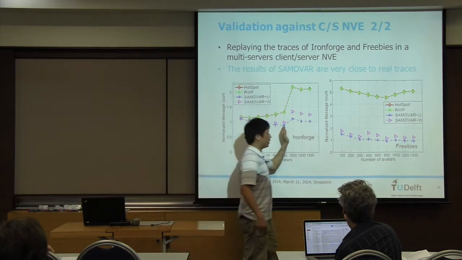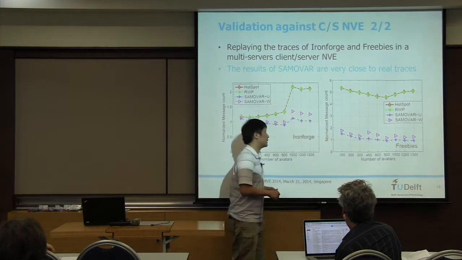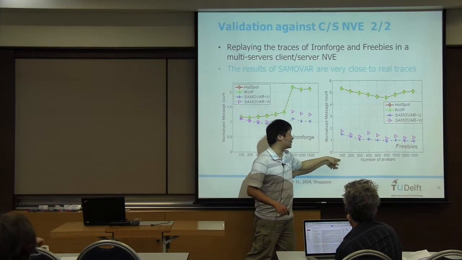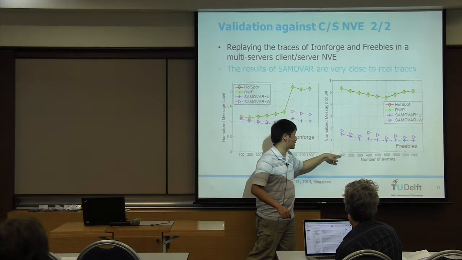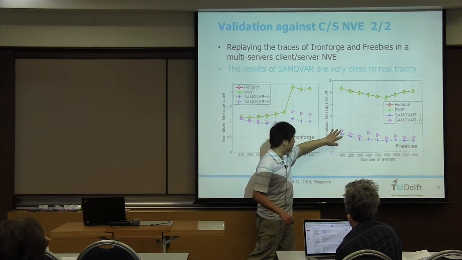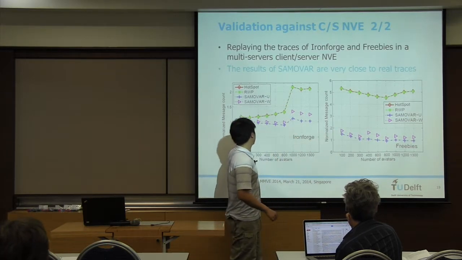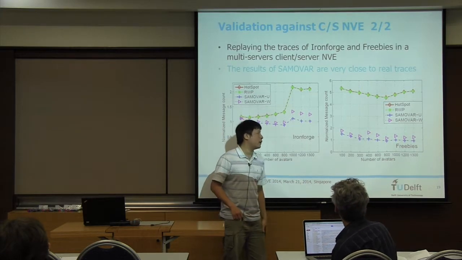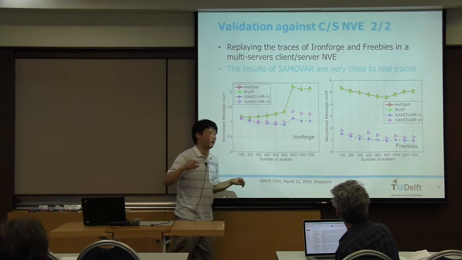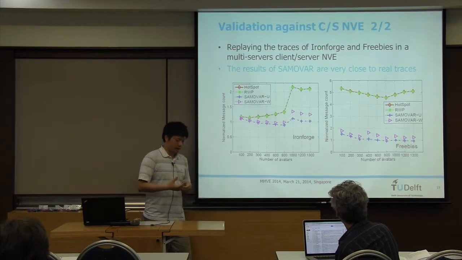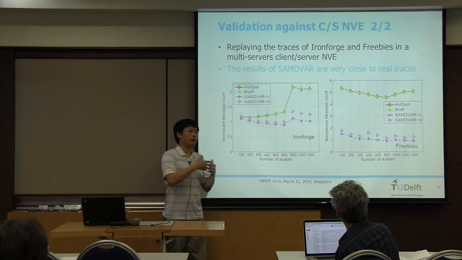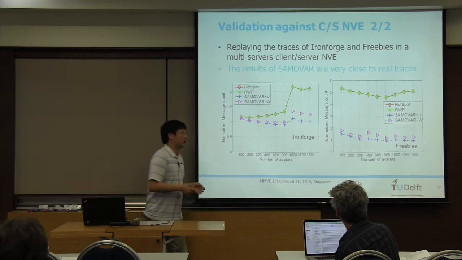The result also applies to the second traces. But for the second game, if the number alpha is small, our result is slightly not as good compared to the first game, because the map of the second game is smaller and because we mainly developed our model based on observations from the first game.